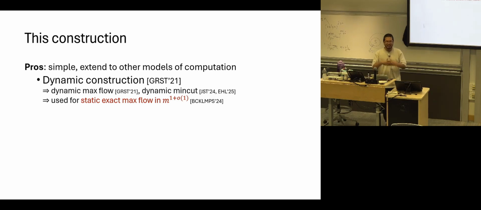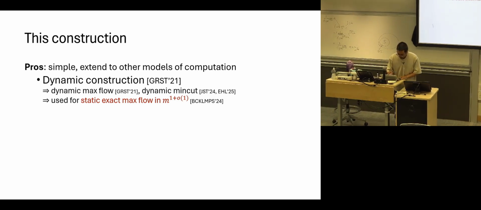You can maintain this whole thing dynamically. And once you can do that, it means you can maintain a 3-flow sparsifier dynamically. Once you have a 3-flow sparsifier, you get dynamic approximate max flow, dynamic min cut, and so on.